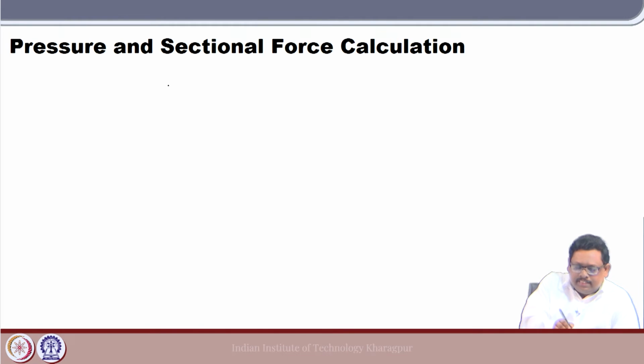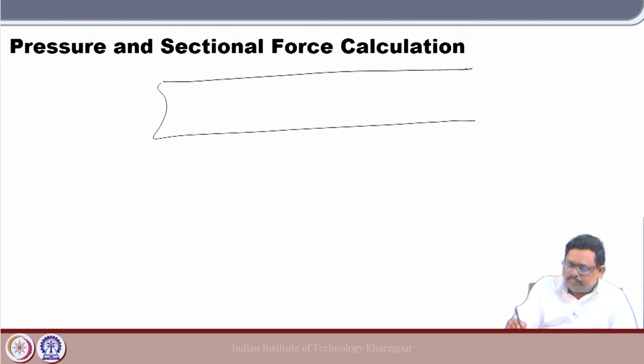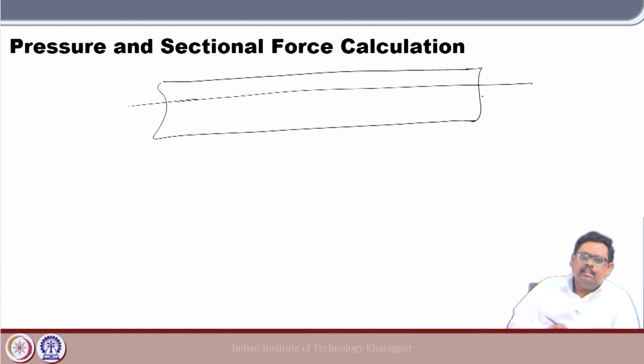Now, the first step I need to do is, suppose I have a panel. There are many ways of doing it, but this is what we normally do here. Now, this is the z equal to 0 line, of course, just a little bit bigger so that you can get it.